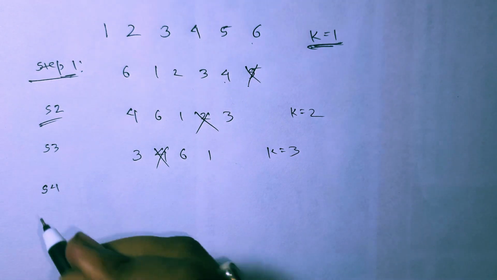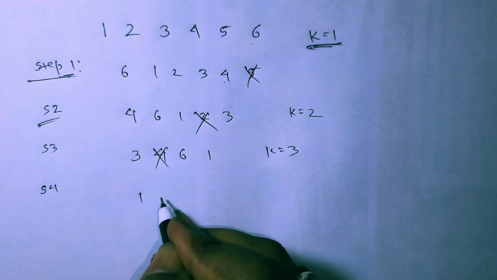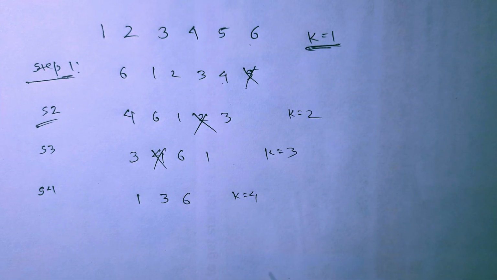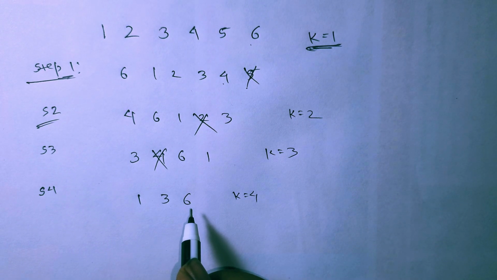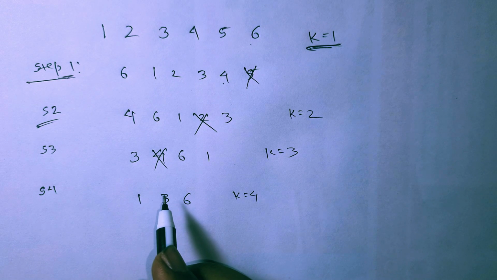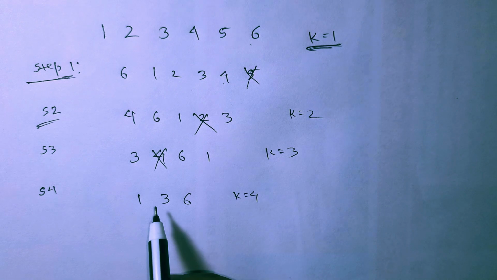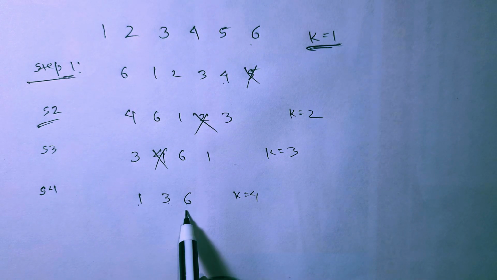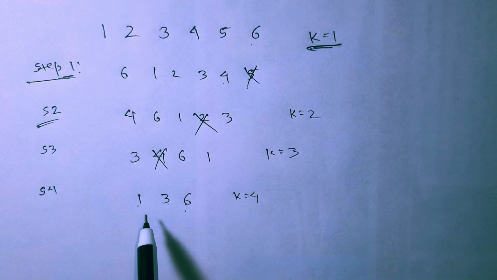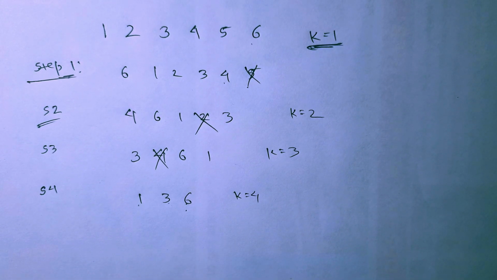At step 4, the array becomes 1 3 6 as k equals 4, and notice here that k equals 4, which means this goes out of bound. According to the other solution, you have to do the rotation for deletion.